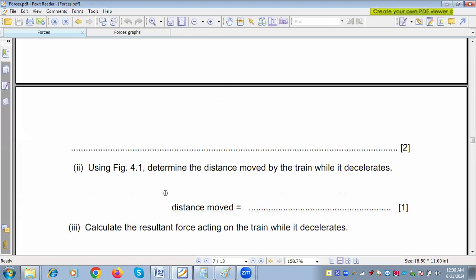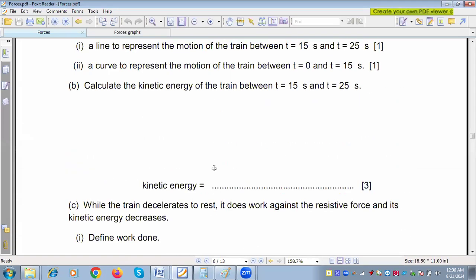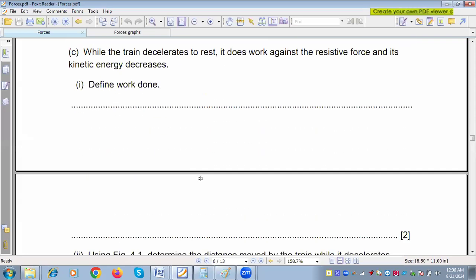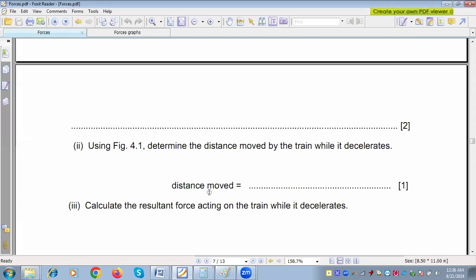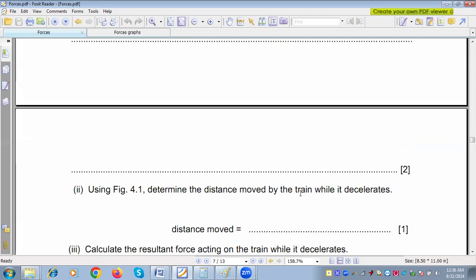The kinetic energy 3.6 into 10 to the power 7 joule equals F into D, the resistive force. Calculate the resultant force. First, determine the distance moved while it decelerates. This will be done by area under the graph.